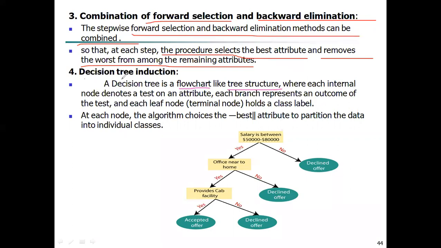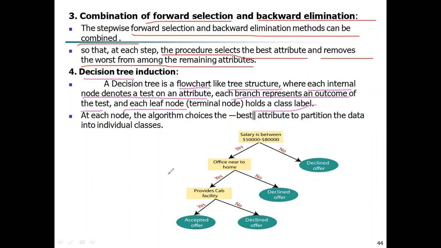Decision tree is a tree, one kind of tree structure, or otherwise you may call it a flow chart. In this tree, each internal node denotes a test on an attribute. Each branch represents an outcome of the test, and each leaf node holds the class label.